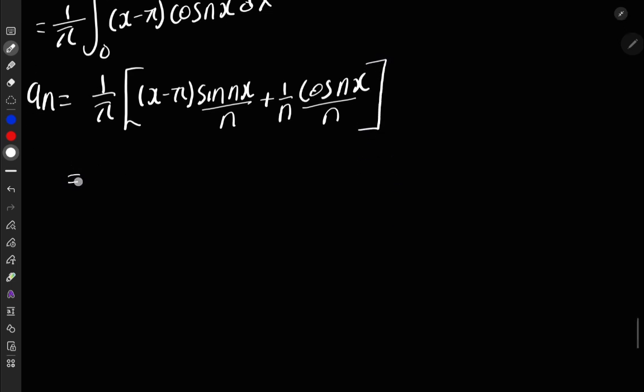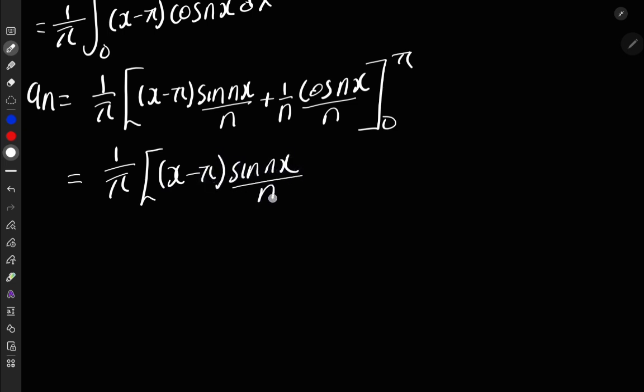Therefore, from 0 to pi, you will have 1 over pi into x minus pi sine nx over n, and then plus 1 over n squared cos nx.